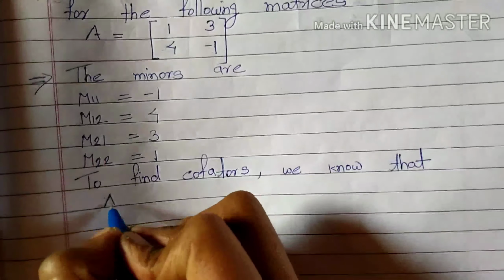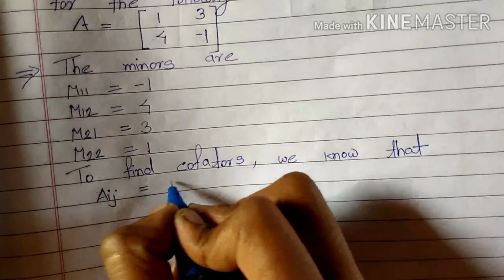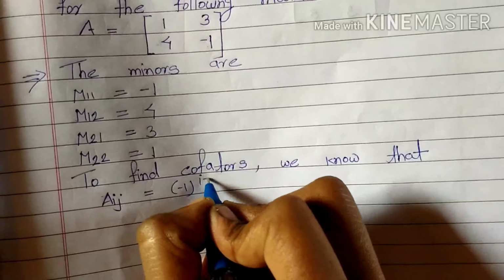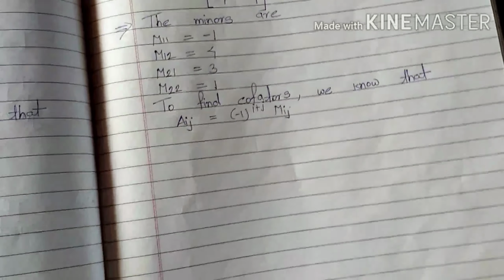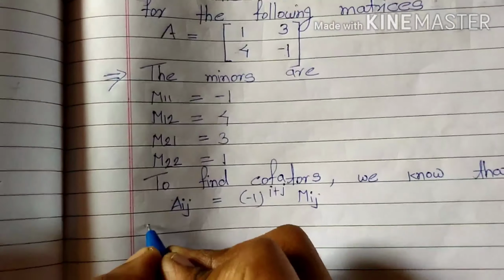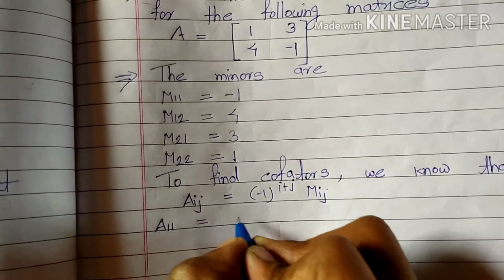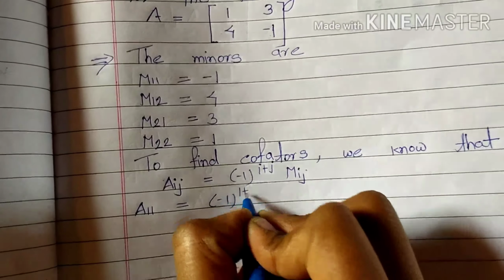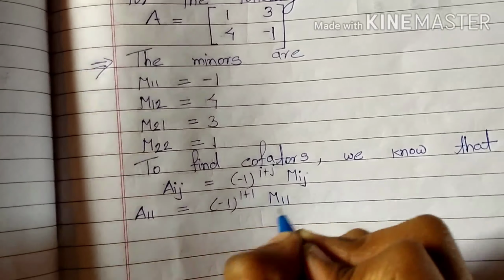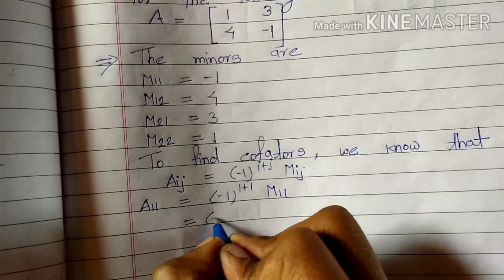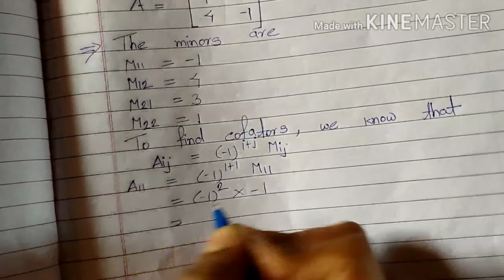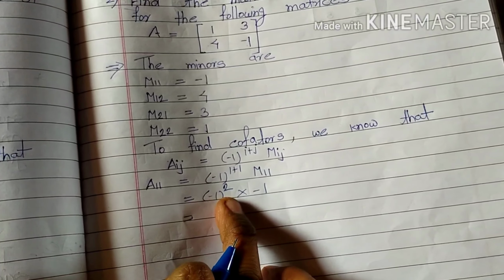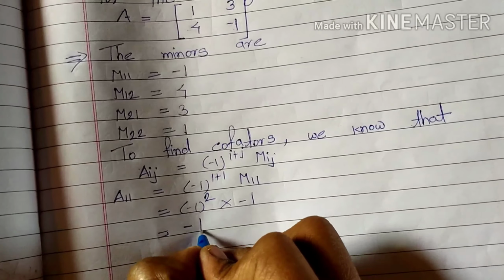Our formula, now find cofactors. A11 is equal to minus 1 raised to 2, M11 is minus 1, minus 1 square is 1, and 1 into minus 1 is minus 1.